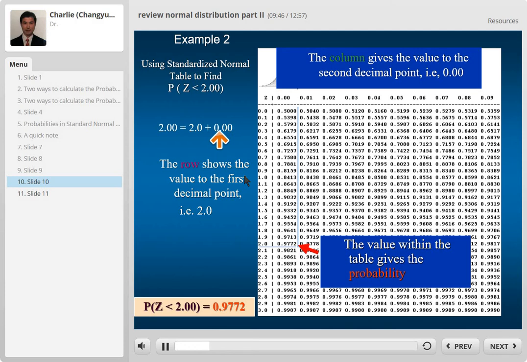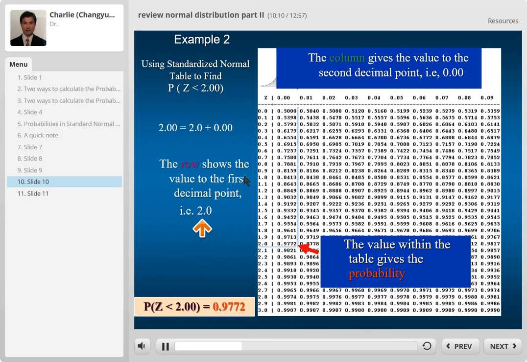Basically, we're going to find 2.0 as the value to the first decimal point, and then the other value is to the second decimal point. So the row shows the value to the first decimal point, which is 2.0.